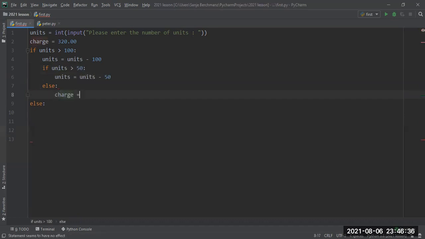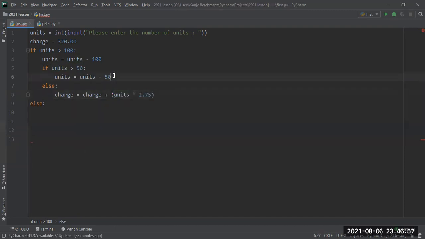charge is equal to the already given charge plus units into 2.75.